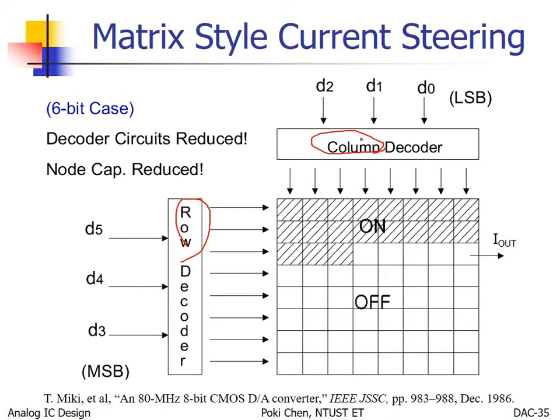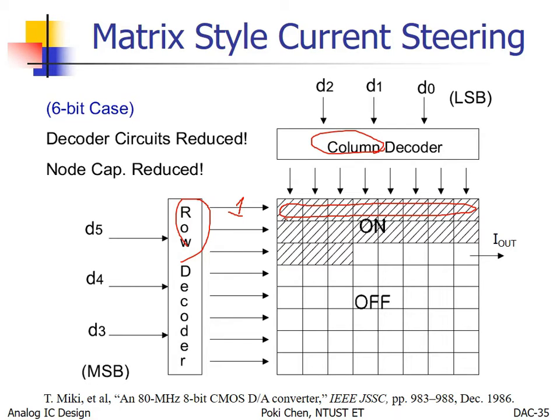Very simple. You can see for each row, if the output is 1, then it means all the current sources for that row need to be turned on, all of them.